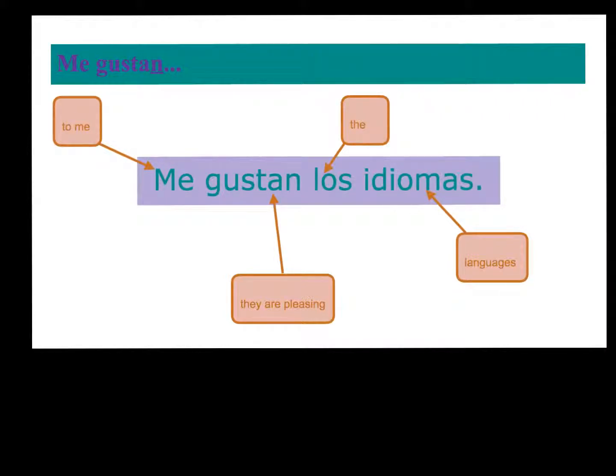But the key point is what's happened to the verb. The ending gusta has changed to gustan. That's a they form ending, third person plural. Because what Spanish is literally saying is that the languages, they are pleasing to me, hence we get me gustan los idiomas.